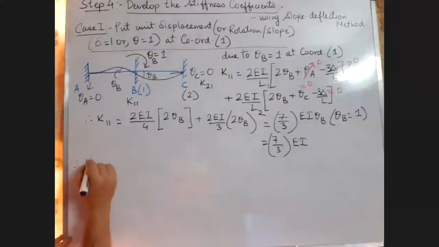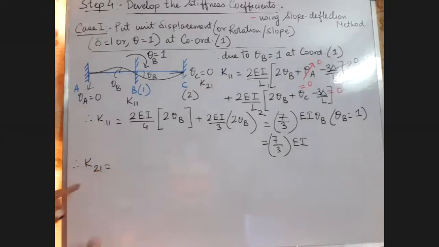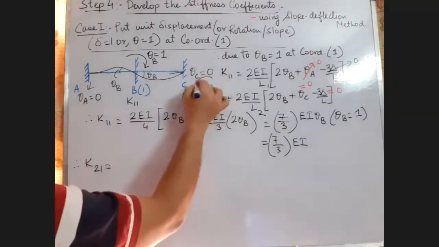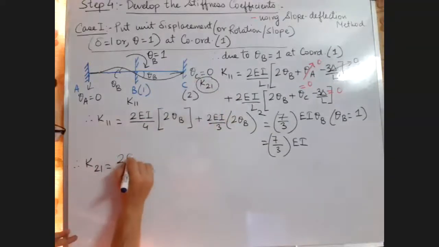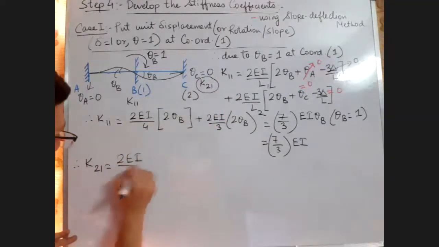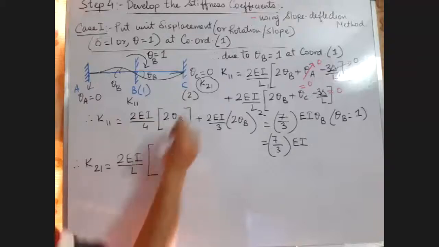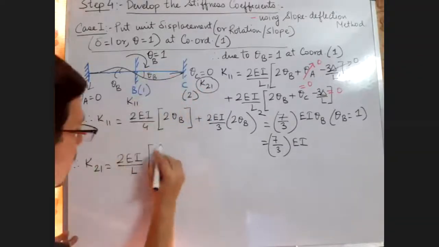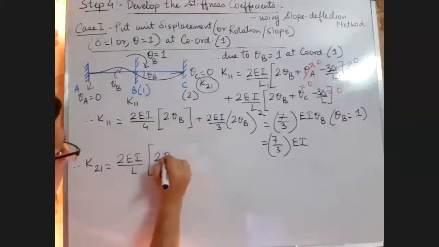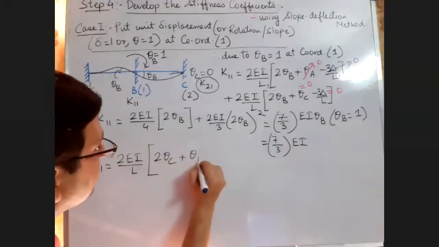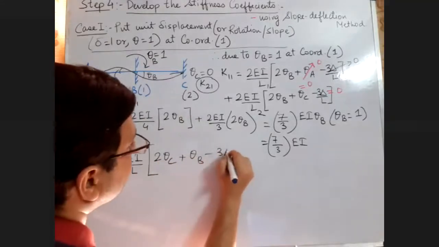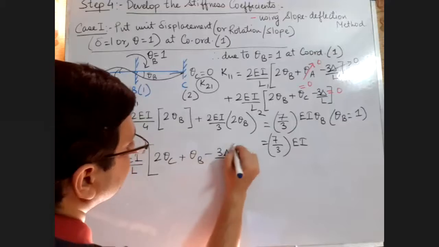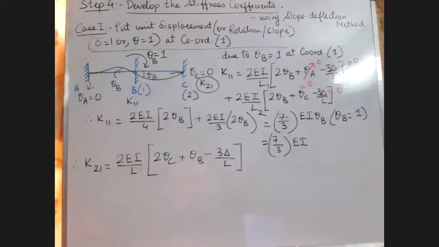Now K21 is the force required at 2 due to unit displacement at 1. This is K21. 2EI by L. Point 2 is at the point C, and C is only located in the beam BC. So 2EI by L, 2 theta C plus theta B minus 3 delta by L. The basic equation.